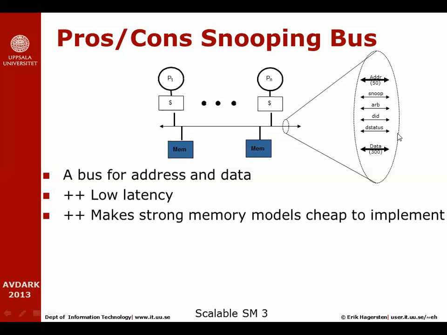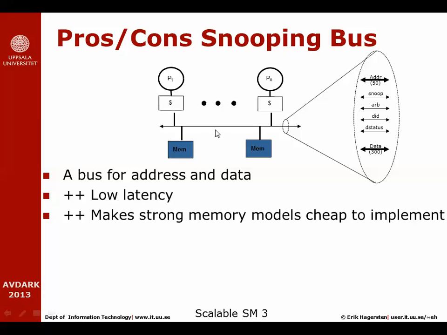The advantage, as we have seen with snoopy cache coherence, is that it has very low latency. So whenever a cache sends out some kind of snooping request here, that request is rapidly seen by all the other caches, and all the other caches can take a very quick action to fulfill the coherence request of the sender. It's also fairly easy to implement stronger memory models.